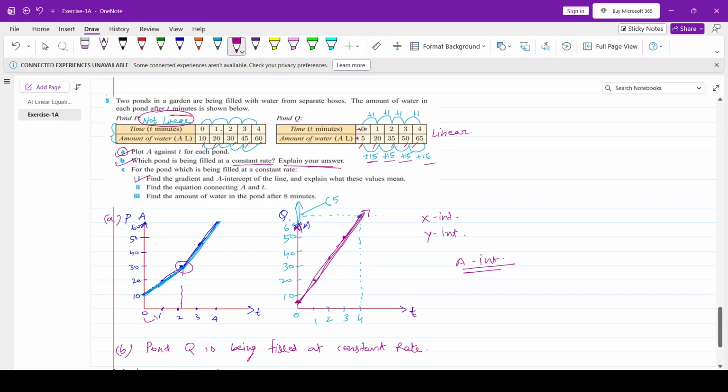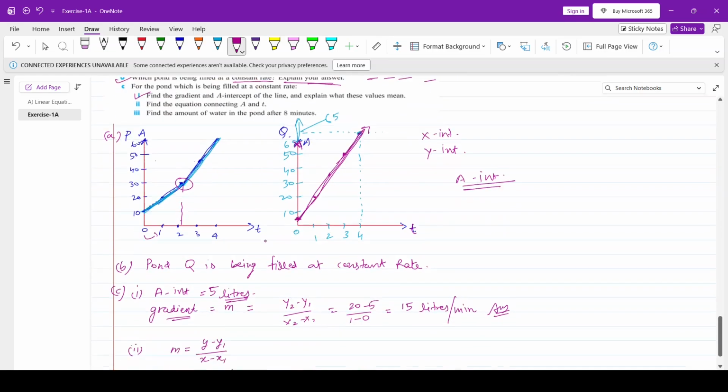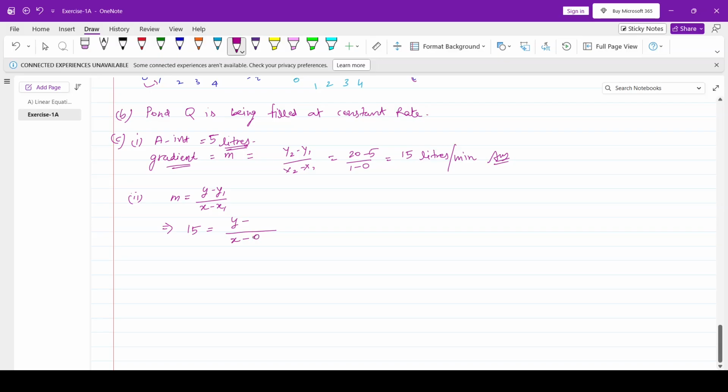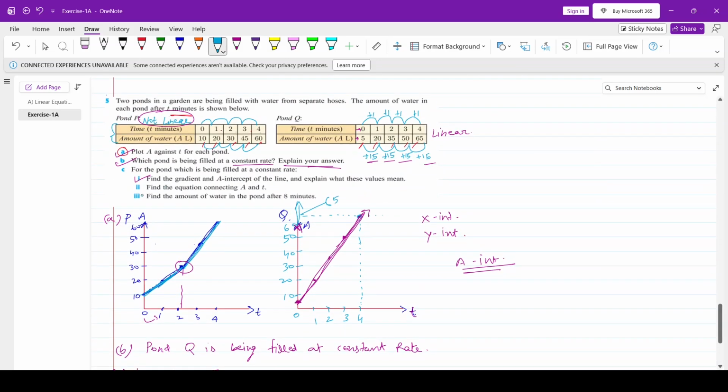Picking any value, I'll pick (0, 5) for the sake of simplicity. When we say 15x is equal to y minus 5, taking y on one side, we get y = 15x + 5. We have also found out the equation.